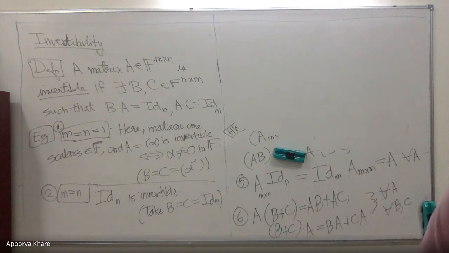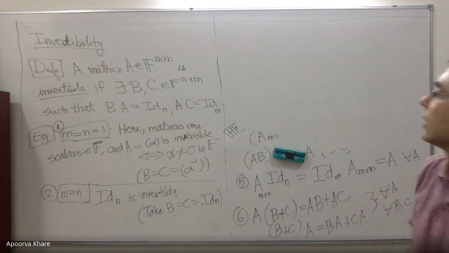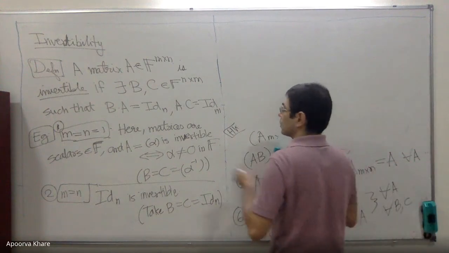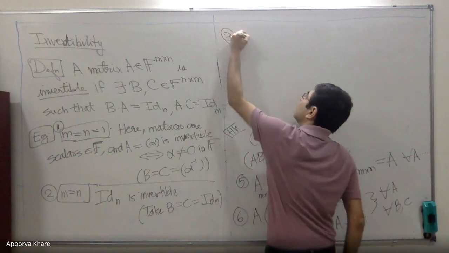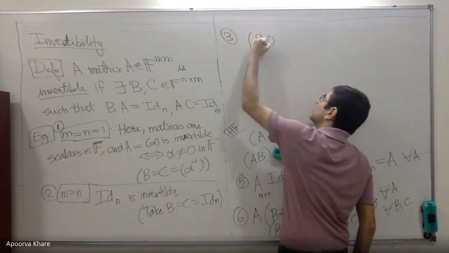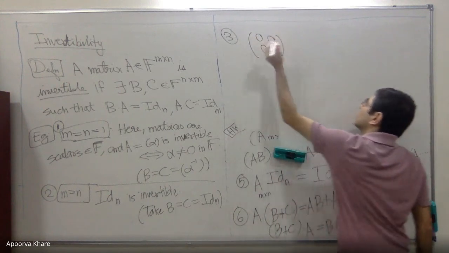An example that doesn't work is, let's say, 0, 0, 0, 1, which is not invertible.